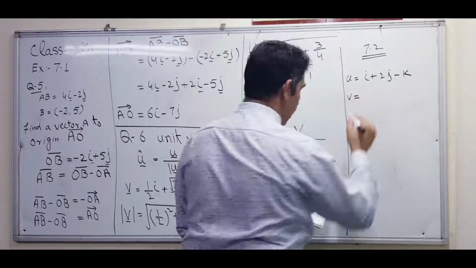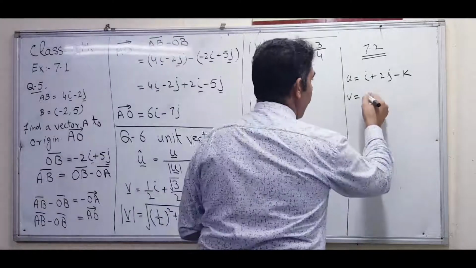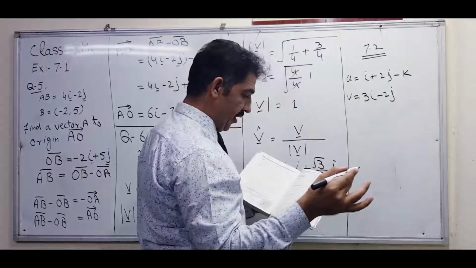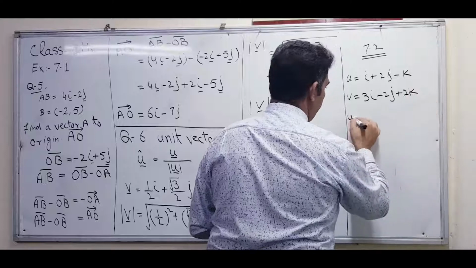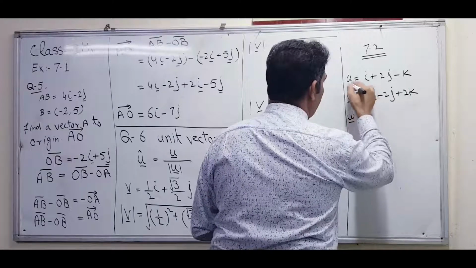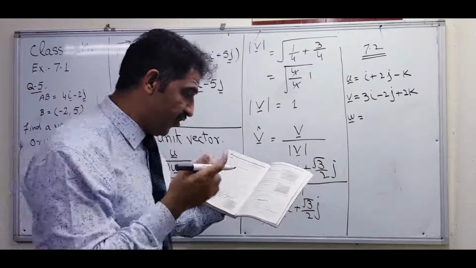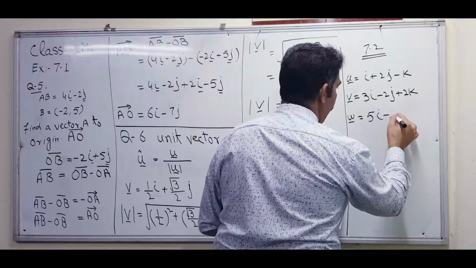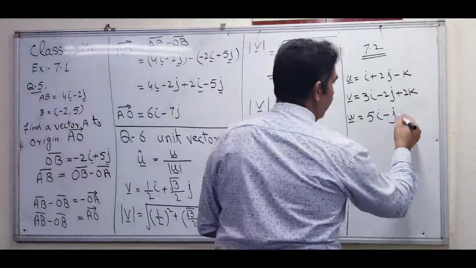V is equal to 3i minus 2j plus 2k. The vector w is 5i minus j plus 3k.